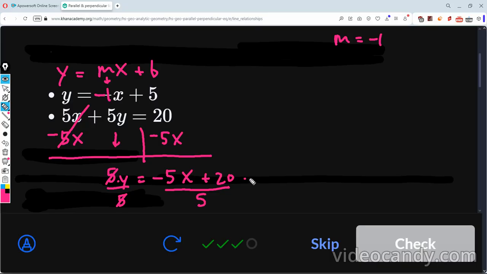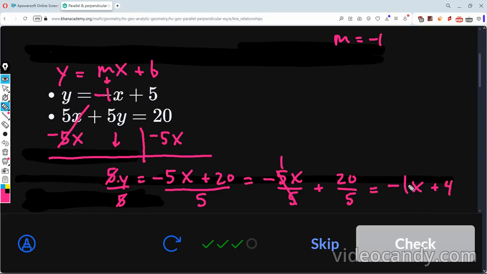Let's break them up over that denominator: negative 5x divided by 5, and positive 20 divided by 5. Negative 5 divided by 5 is just negative 1, so we're left with negative 1x, and positive 20 divided by 5 is just 4.